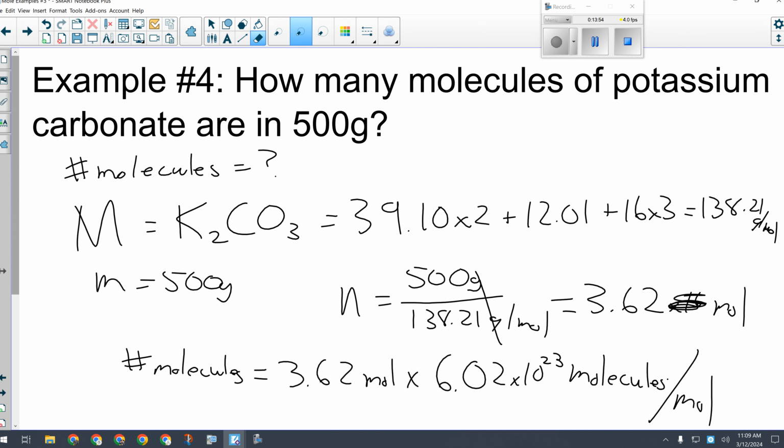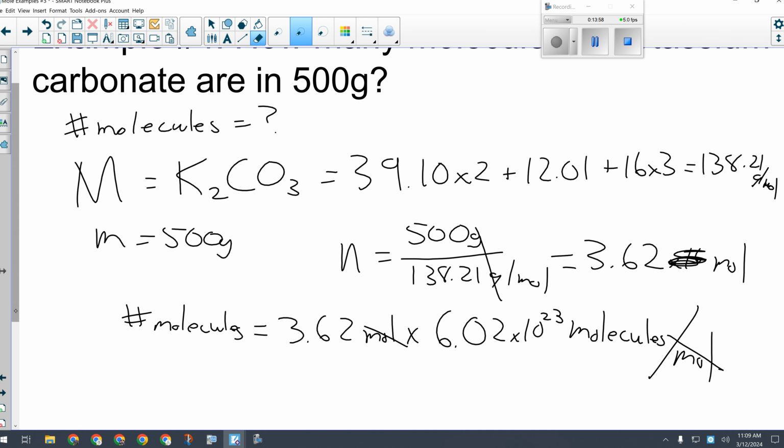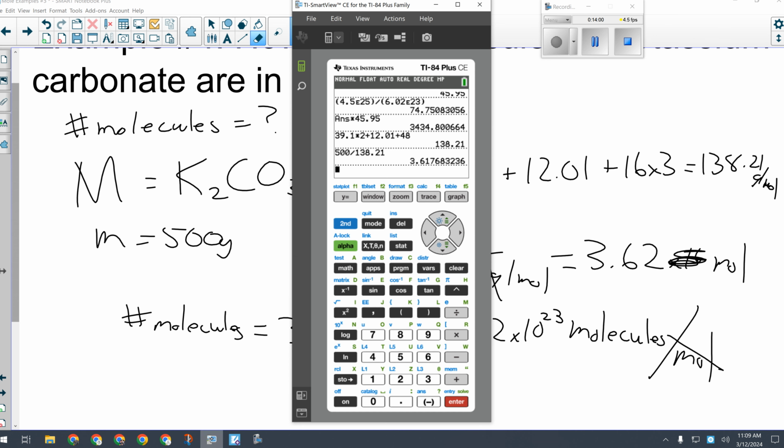So when I do that, the moles are going to cancel, and I'm going to be left with molecules. So that number in all its glory with all the decimal places, times 6.02 E23, and I get 2.18 times 10 to the 24.